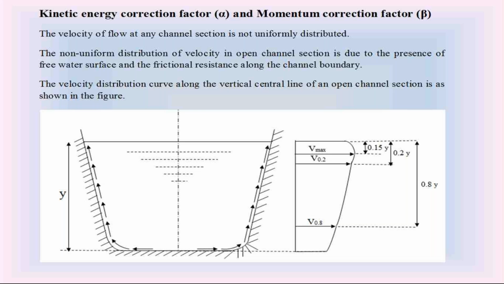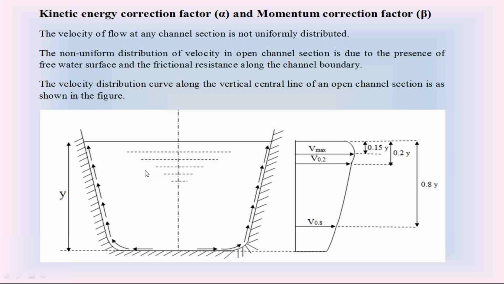When water is moving in the open channel, the top surface of water is subjected to atmospheric pressure. Also the sides of the canal and the bottom of the canal apply frictional force on the moving water.